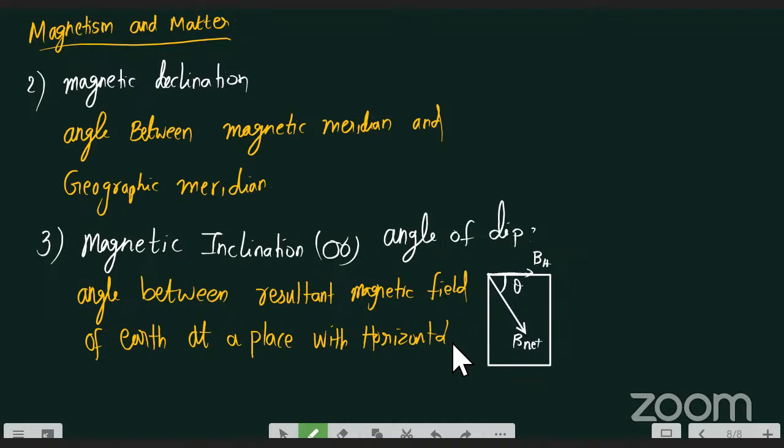Either you can write this definition or simply write the angle between the total Earth magnetic field and the horizontal component of Earth magnetic field. That angle is called as magnetic inclination or angle of dip. I hope you will remember this.